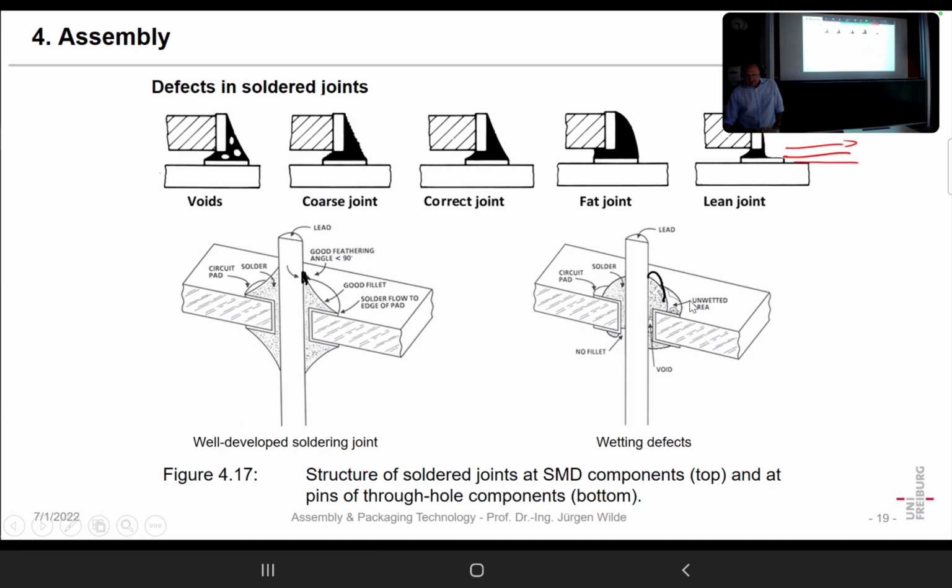On the other hand, that is something not so good. The circuit pad is partly unwetted. The lead is partly unwetted. The angle you have here, what can you see? It's going towards 90 degrees, or sometimes it's higher than 90 degrees. That's a good sign of bad wetting.